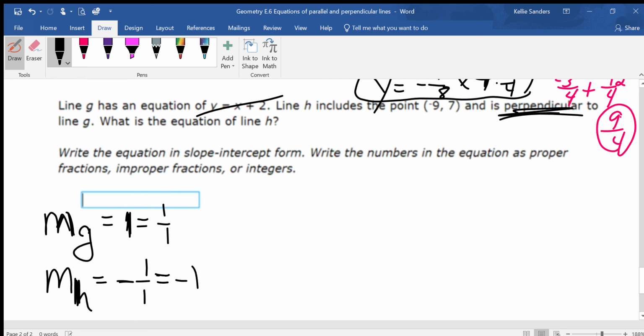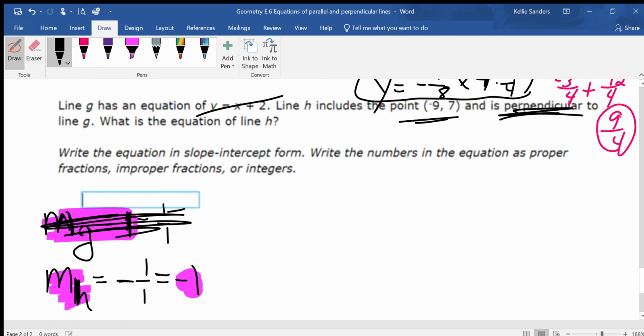And 1 over 1 is the same thing as 1. So if G is 1, then H is negative 1 for perpendicularity. Whatever. Okay, so we don't need this anymore. And we have that one.